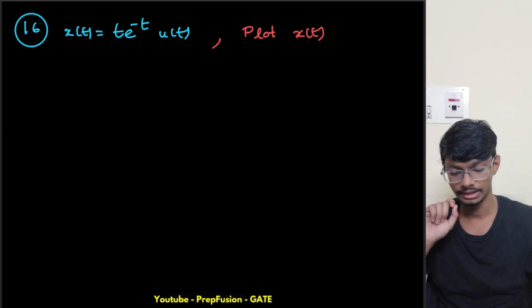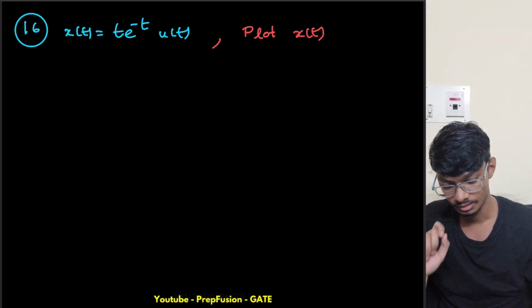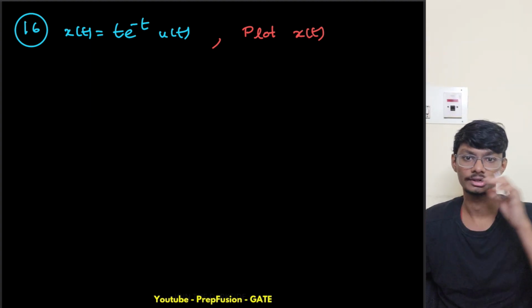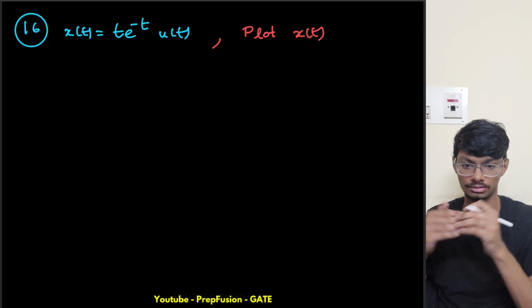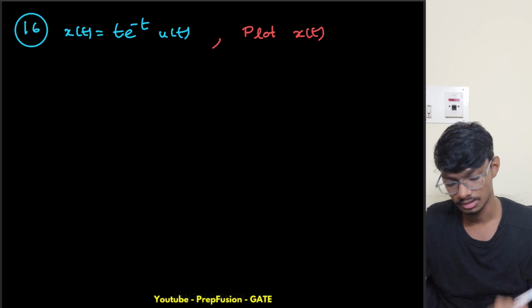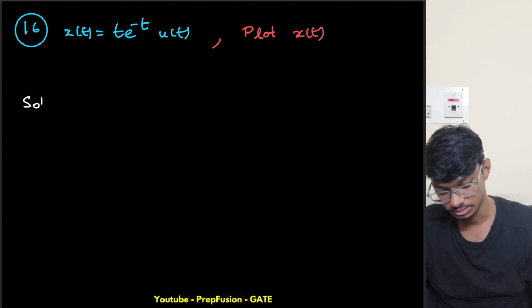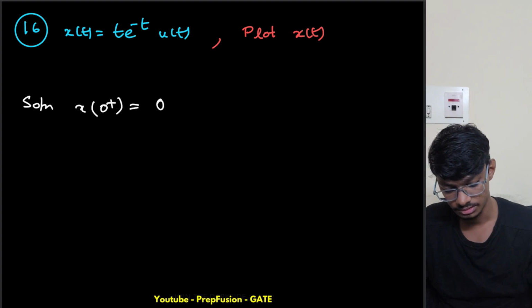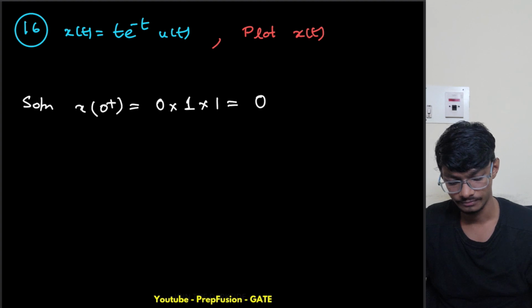What we know is, at t equals 0, what is the value? You may think that I may find the value at t equals 0 and at t equals infinity, and then just connect both of them, but you can't do that. So x at t equals 0 plus, what is the value? It is 0 times 1 times 1, so it is 0 only.